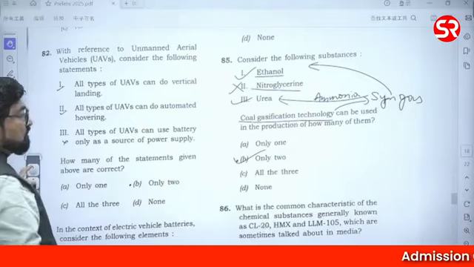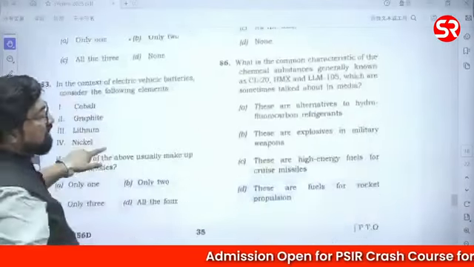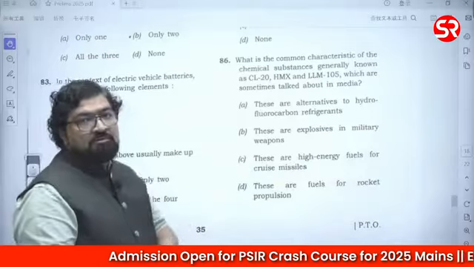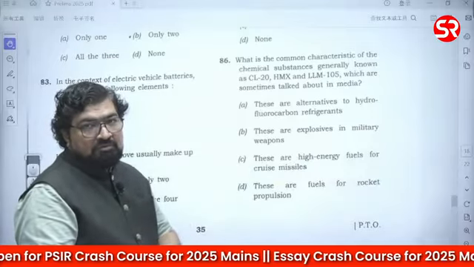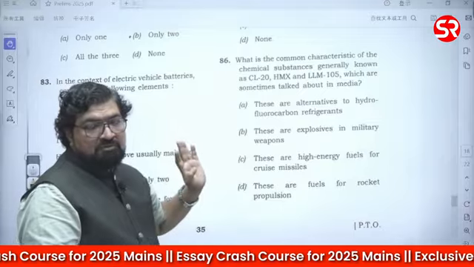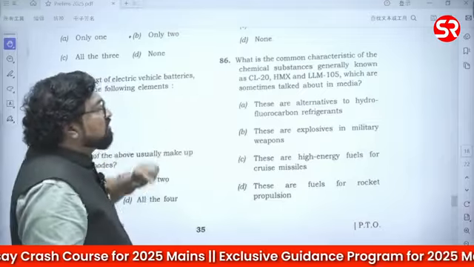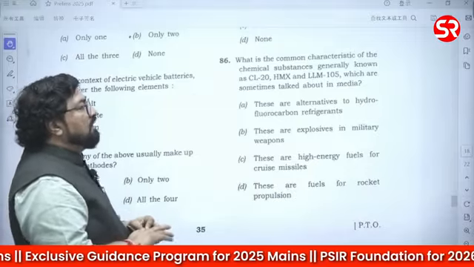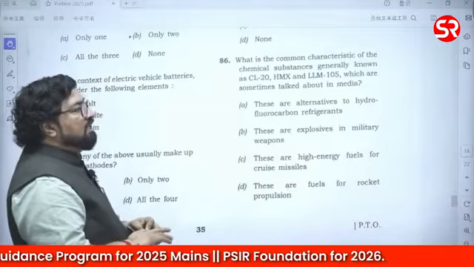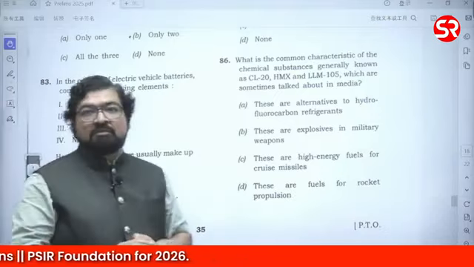Now this is a difficult question, question number 86, because sometimes it is an out of box question where UPSC asks the question, and also a factual question. So you cannot make a guesswork here. What is the common characteristic of the chemical substances generally known as CL-20, HMX and LLM-105, which are sometimes talked about in media?